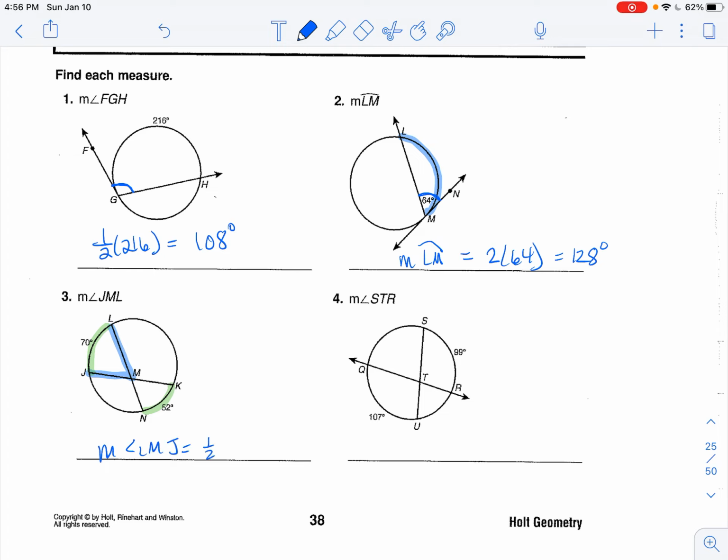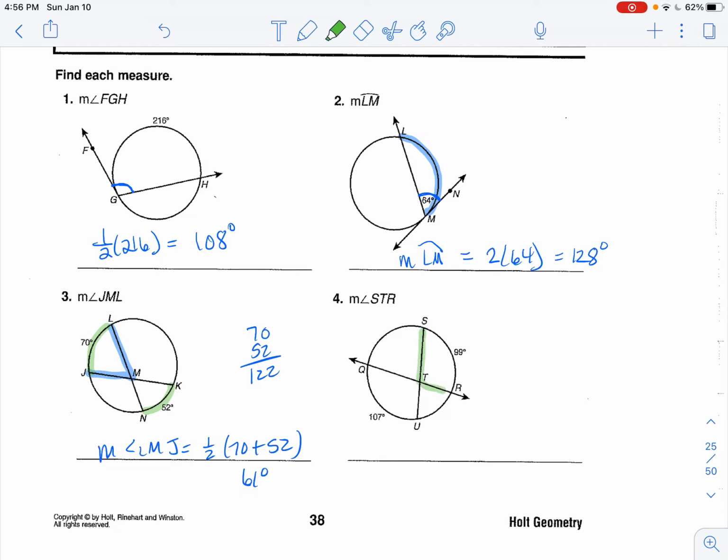So the measure of angle LMJ is equal to 1/2 of 70 plus 52. 70 plus 52 is 122, and half of 122 is 61.